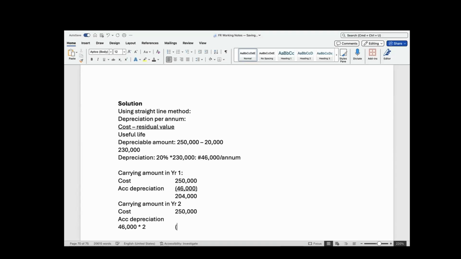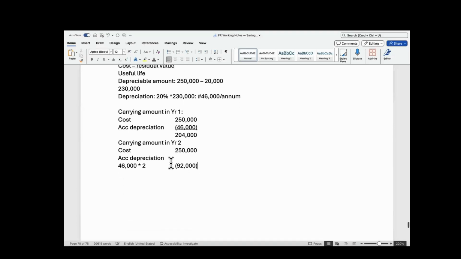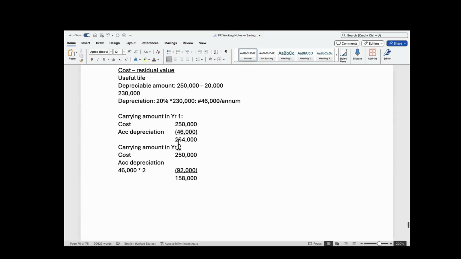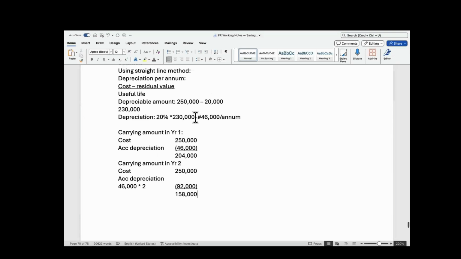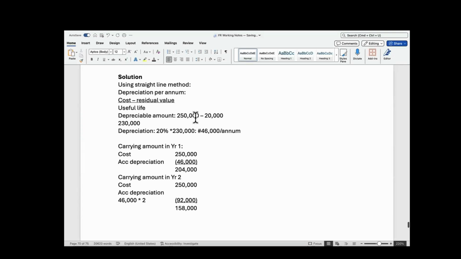That will give me 92,000. Confirm if I'm correct. Then if I take 92,000 away from 250,000, I should be looking at 158,000. Confirm if I'm correct with those figures. And I can continue like that.